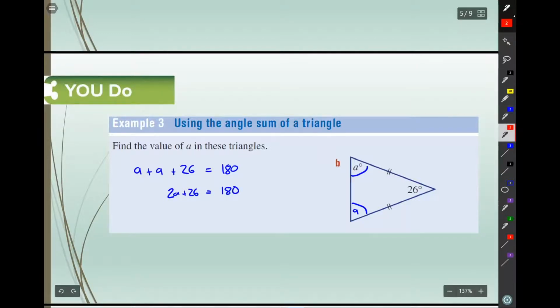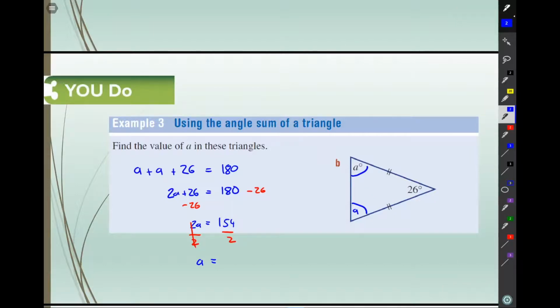And now we solve this exactly the same way as we would have solved a two-step equation. We're going to subtract the 26 from both sides. 2A equals 154. And then we're going to divide both sides by 2. And we'll end up with A by itself, and that's going to equal 77.